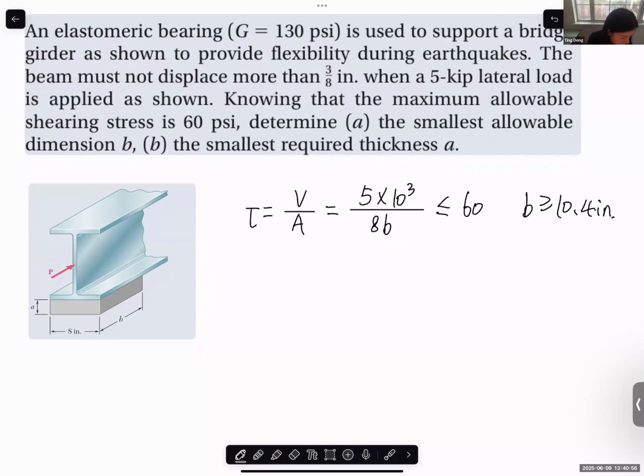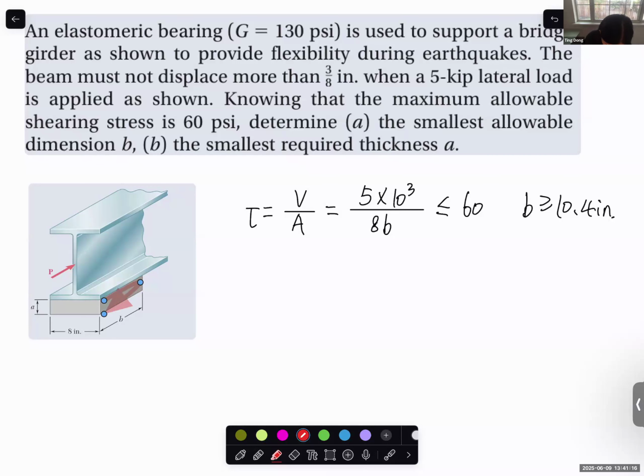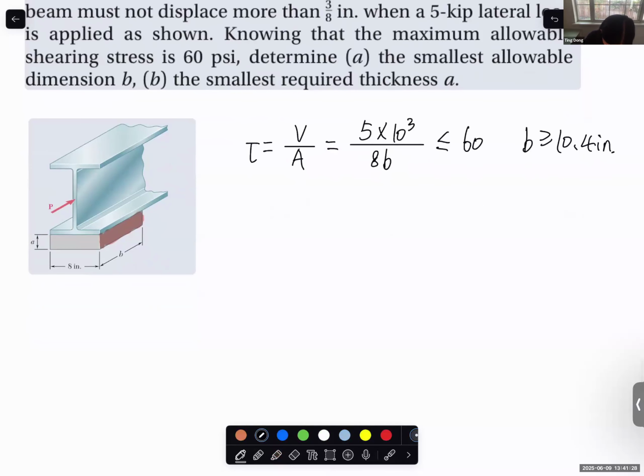The second one is the deformation. And again, deformation, let's put it here. We are checking this side surface for deformation because now on this surface there's a reduction of angle that's originally 90 degree. So let's put it this way.